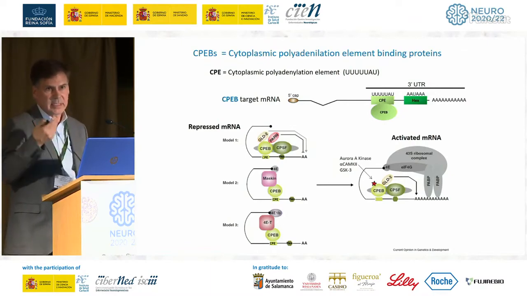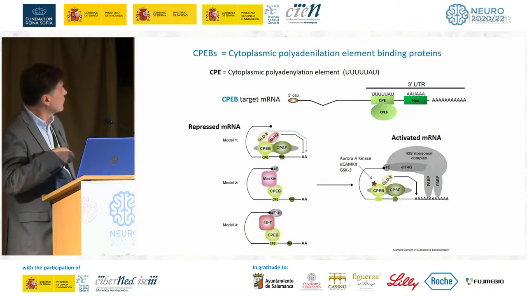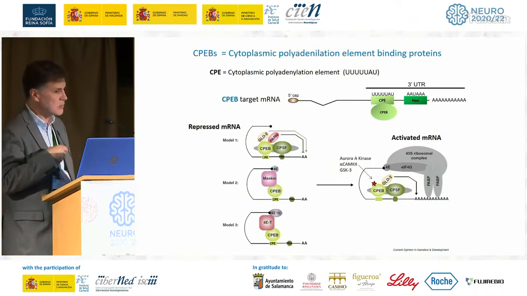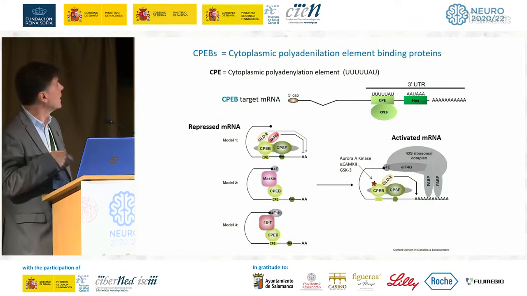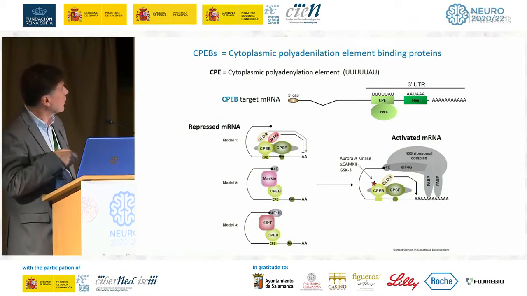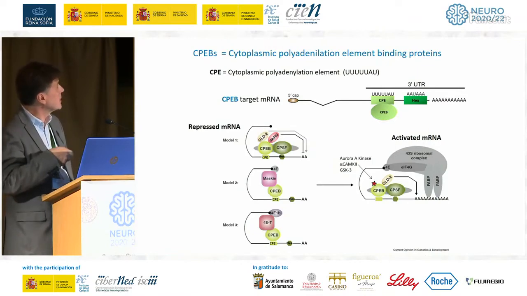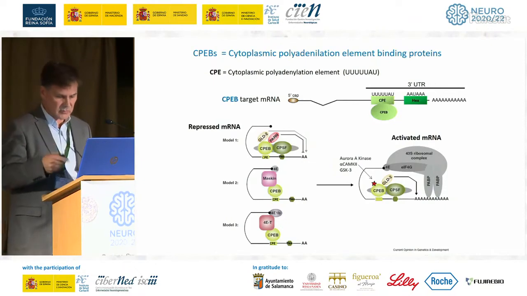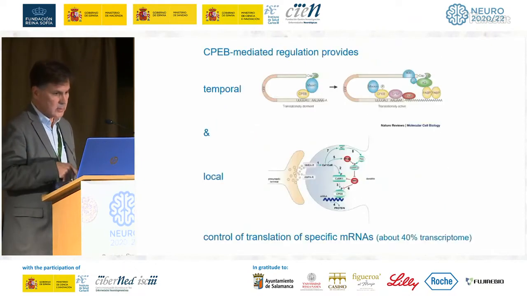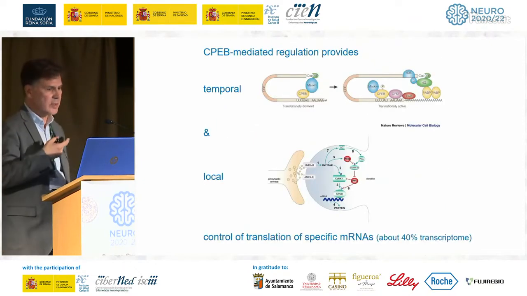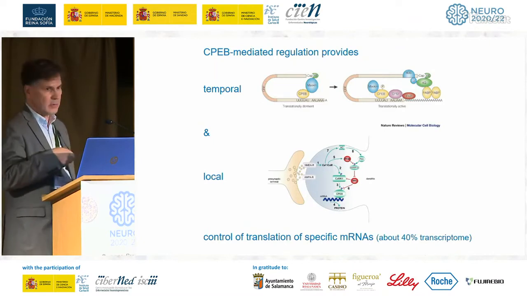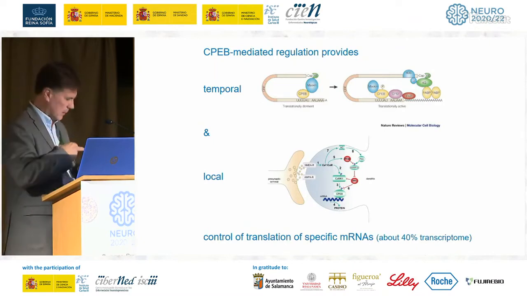However, when the right signal comes, maybe through a post-translational modification like a phosphorylation or ubiquitination, then there is a change in this complex, and now the poly-A tail is added back again, and the messenger is presented to the ribosome for efficient translation. So this way, these proteins confer temporal and local regulation of their transcript RNAs.